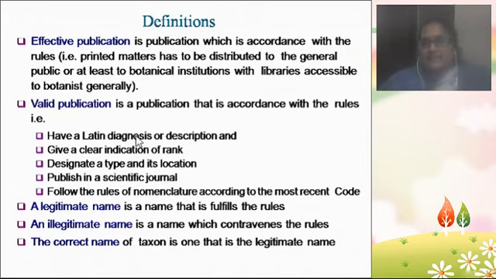Valid publication is also a publication that follows all the sets of rules, regulations and procedures. It should be in Latin, give an indication of rank, give a particular name to each plant, be published in a scientific journal, and follow 100% of the rules of nomenclature.